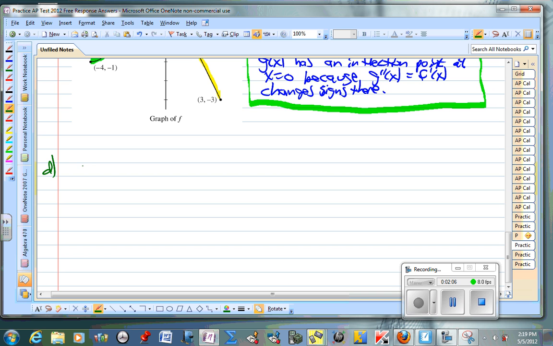Average rate of change of f, we're going to find by doing f of 3 minus f of negative 4 all over 3 minus negative 4. So if you look at the graph, f of 3 is negative 3 minus f of negative 4, which is negative 1, all over 3 minus a negative 4 becomes 3 plus 4.